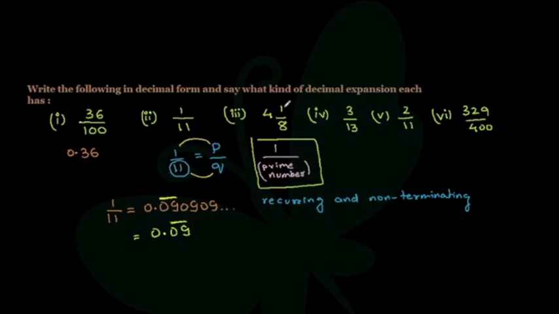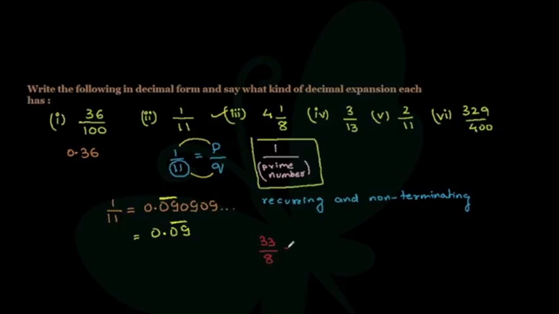Okay, and what about the third one? 4 and 1 upon 8. Well, this is a mixed fractional form, so you may write this as 33 upon 8, right?